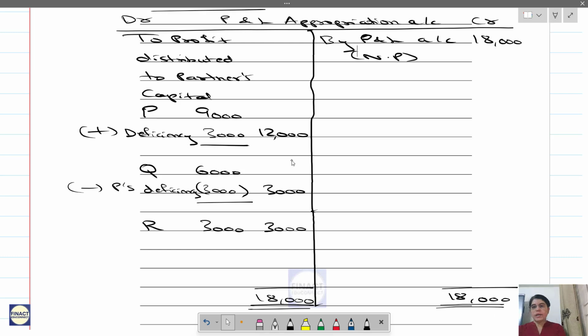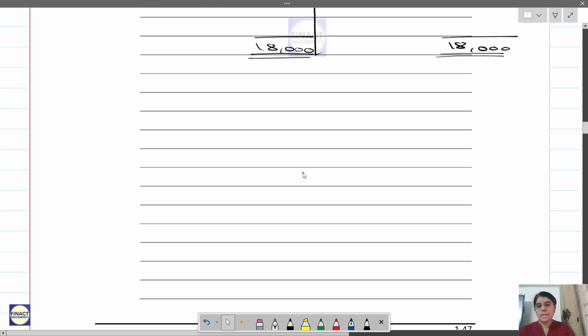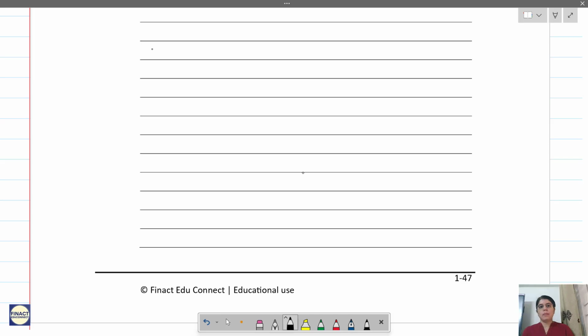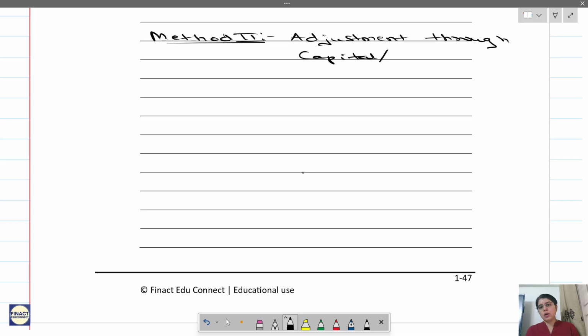Okay. Now let us learn method 2. In method 2 of accounting, what is done is adjustment through capital or current account. Now understand this. What we are assuming over here is that the profit and loss appropriation account has already been closed.